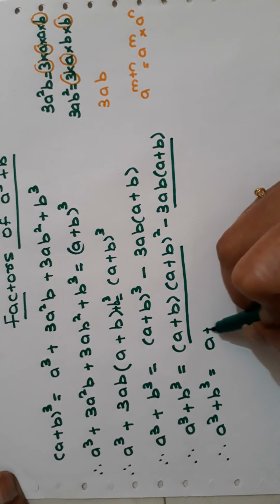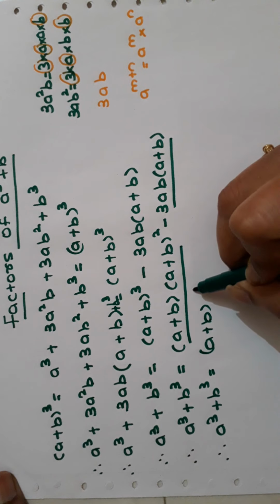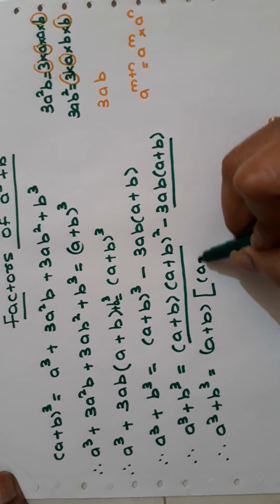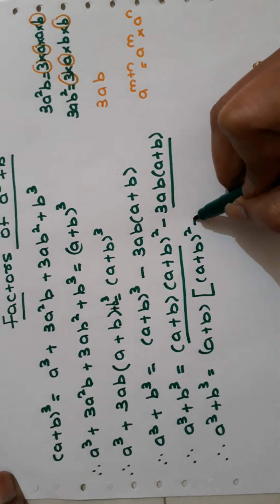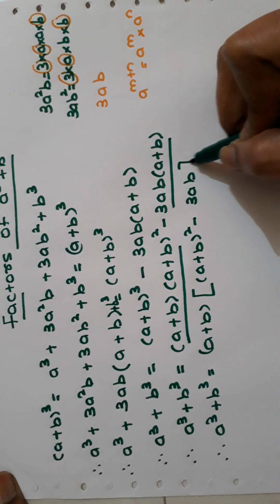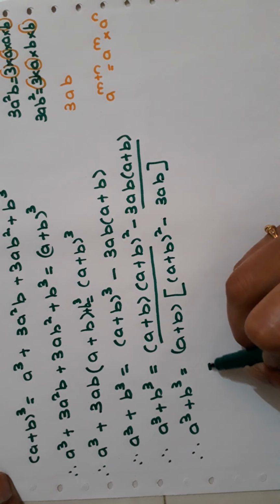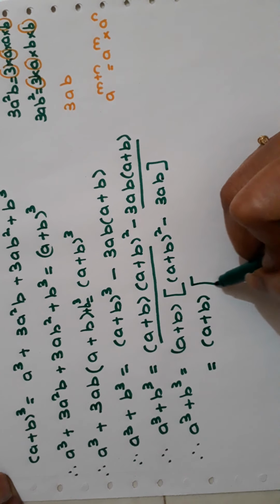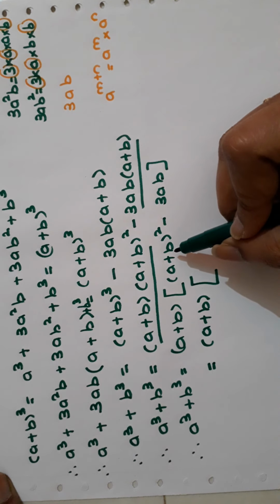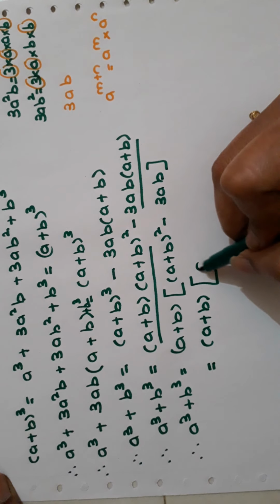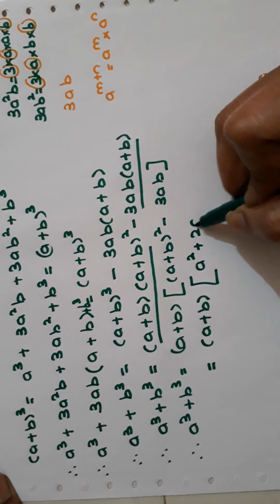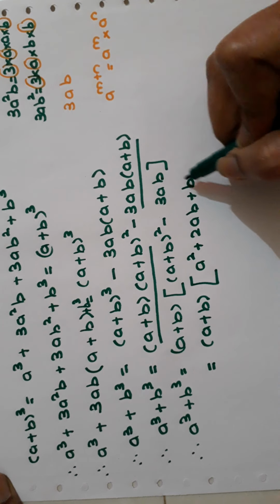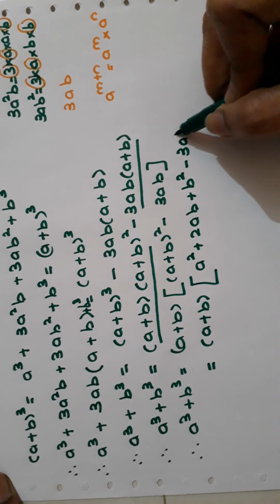So take (a plus b) common. Here we have (a plus b) the whole square minus 3ab. This is equal to (a plus b) into the bracket. Now the expansion formula for (a plus b) the whole square is a square plus 2ab plus b square, minus 3ab.